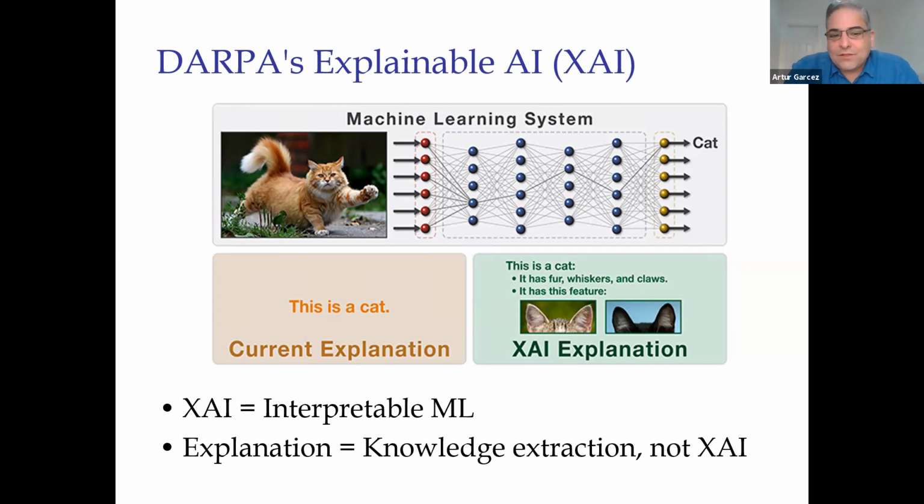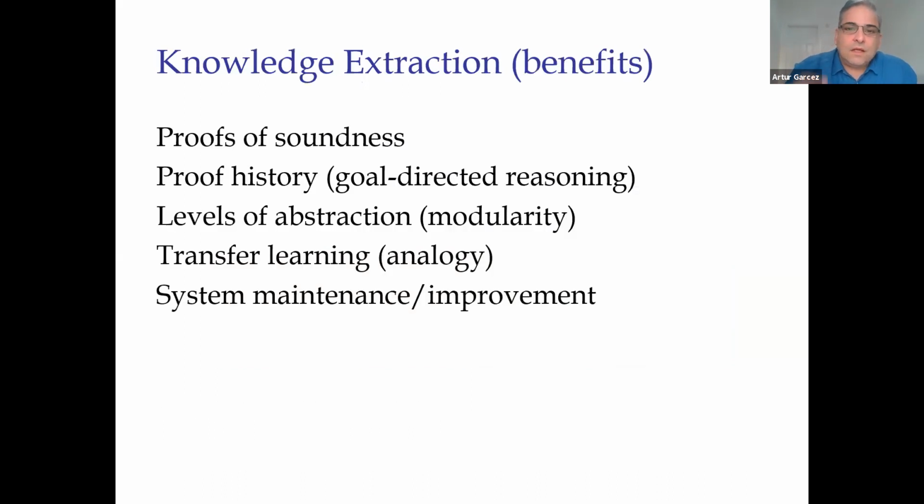And I would argue that explanation requires knowledge extraction. And I'll tell you a bit more about that. So if we extract knowledge, as in symbolic knowledge, from a deep network, and this may be in the form of logical rules, or it can be in the form of an equation, as Adam will exemplify later, then we can prove soundness of this process.